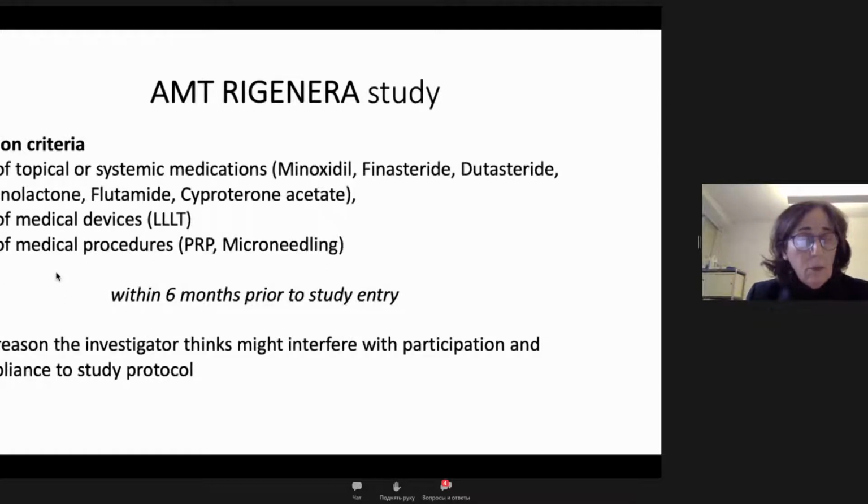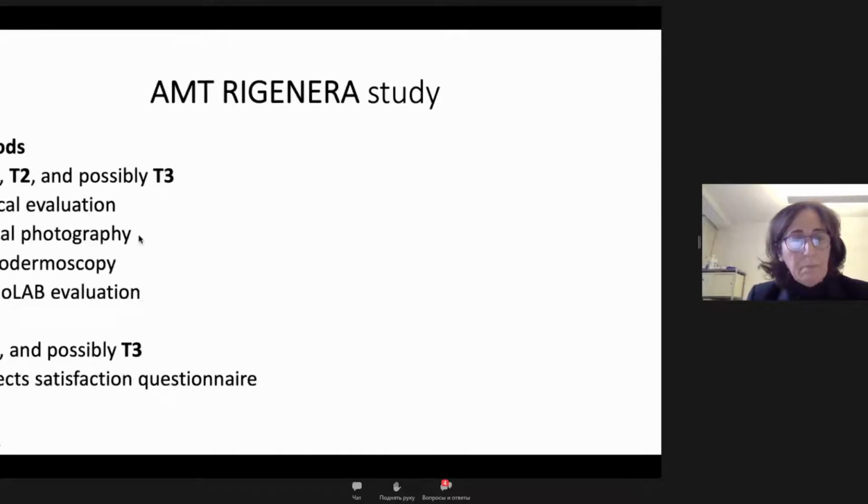And also we excluded from the study patients that used topical or systemic medication, or medical devices or medical procedures for the treatment of androgenetic alopecia within 6 months prior to the study entry.